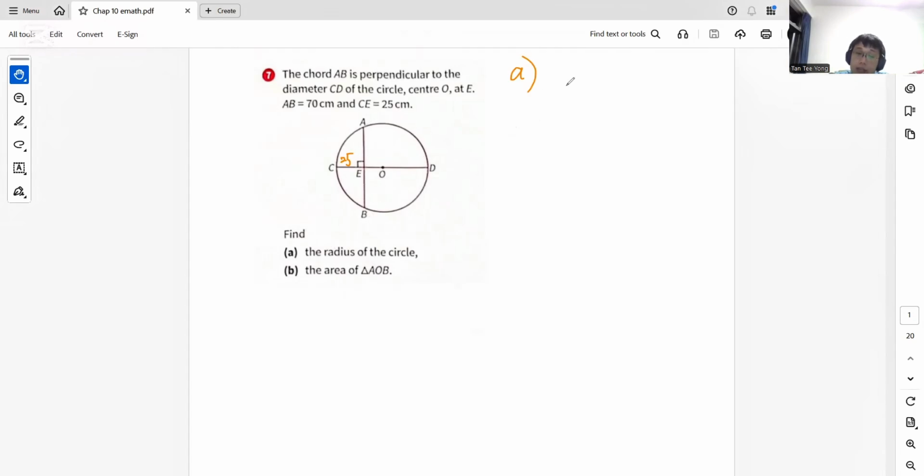So that means AE is equal to EB. Because AB is 70 cm, AE is equal to 70 divided by 2, which is 35 cm.